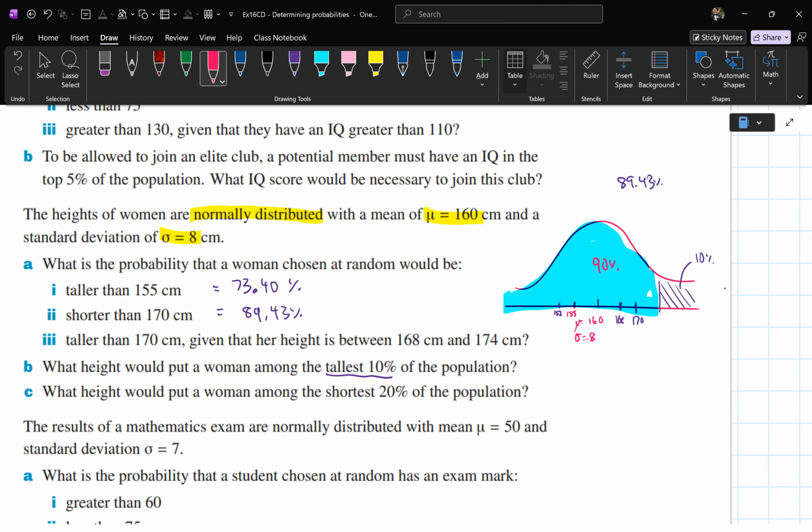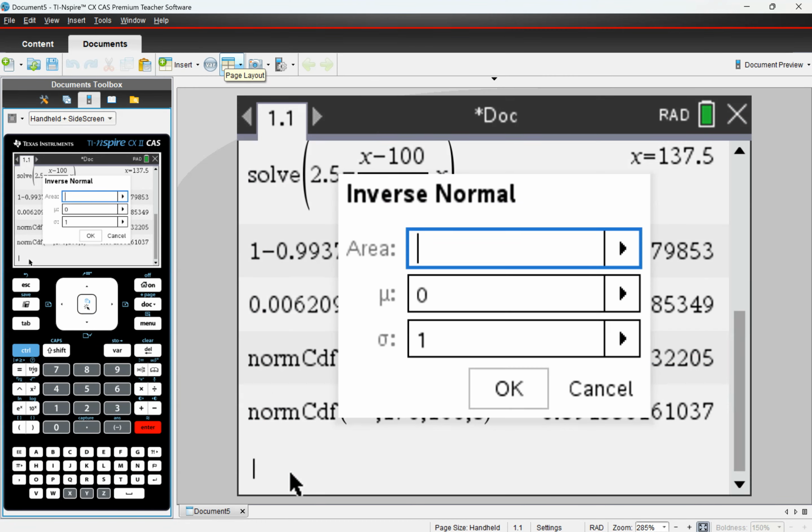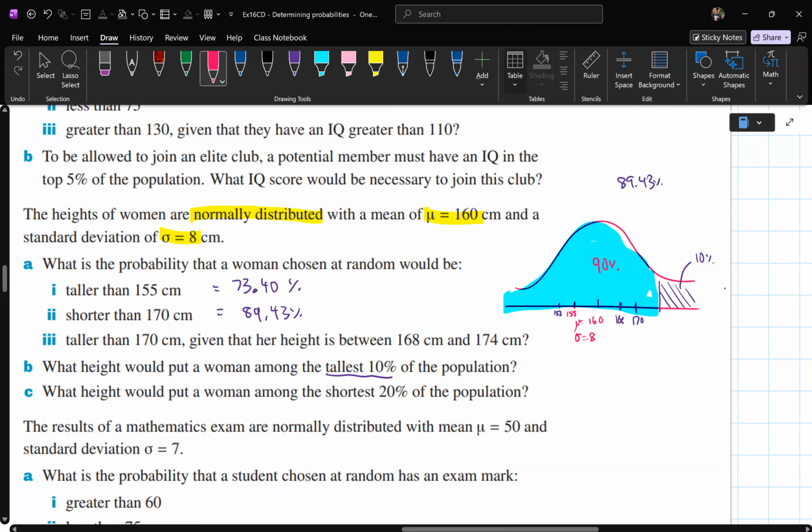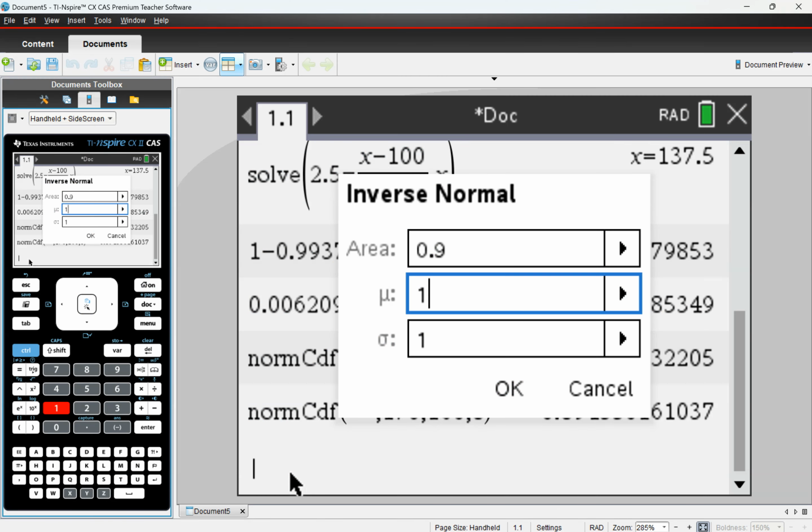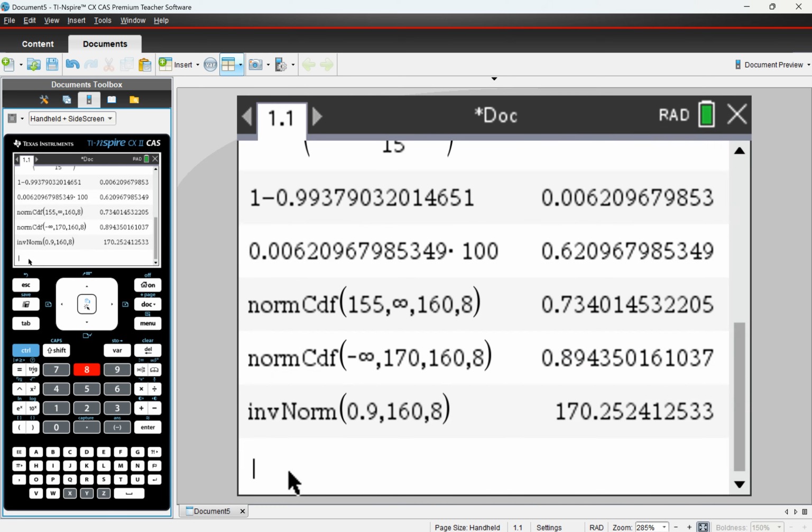The inverse normal function only calculates area from left to right. So I want 90%, with a mean of 160 and a standard deviation of 8. To have 90% on my left, I need 170.25.